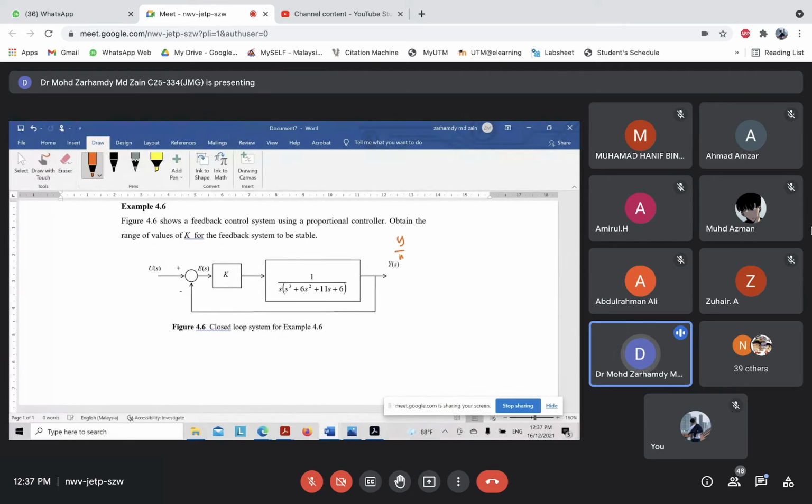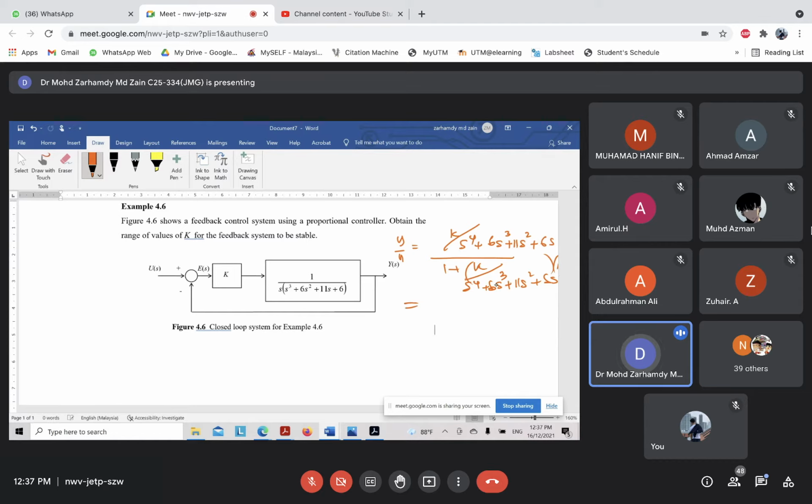So now we have Y over U equal to K over S4 plus 6S3 plus 11S squared plus 6S, over 1 plus K over S4 plus 6S3 plus 11S squared plus 6S, multiplied by H1.